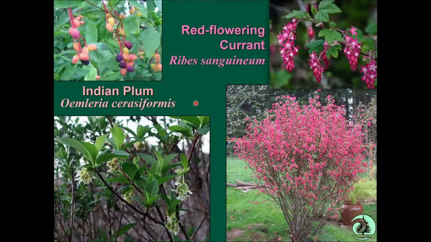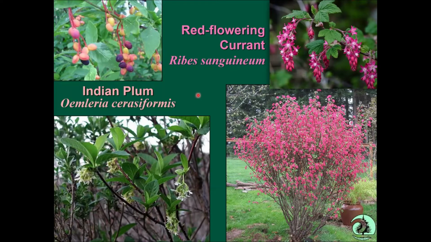So we have red flowering currant, Ribes sanguineum, and Indian plum, Oemleria cerasiformis. Two early bloomers. Indian plum can bloom as early as February, and March, April for red flowering currant. I mean, beautiful, amazing. That color, you can't beat it.